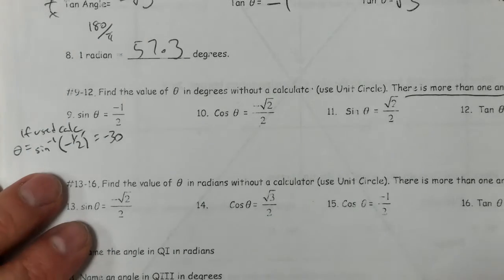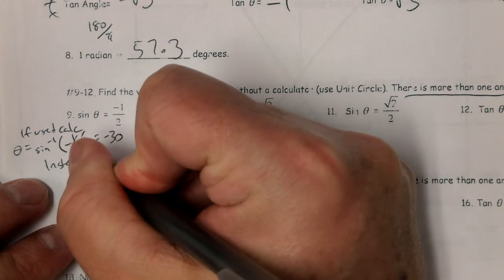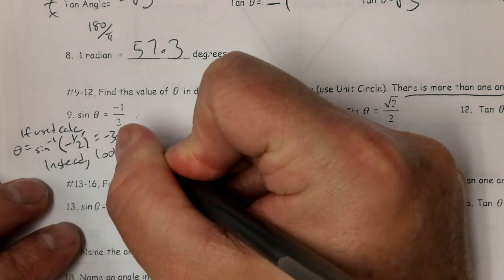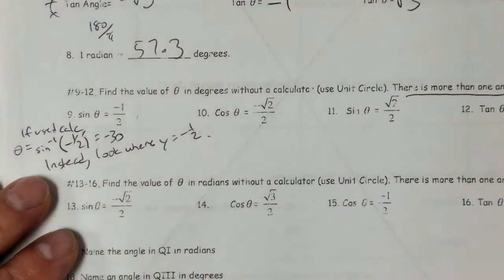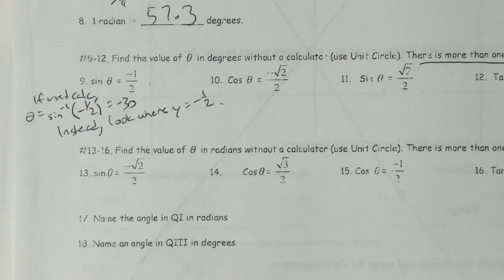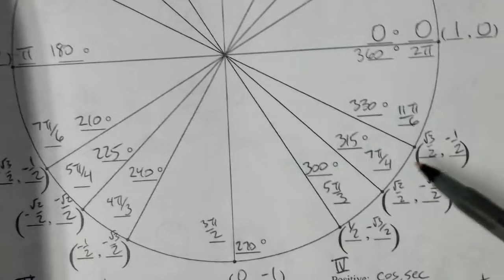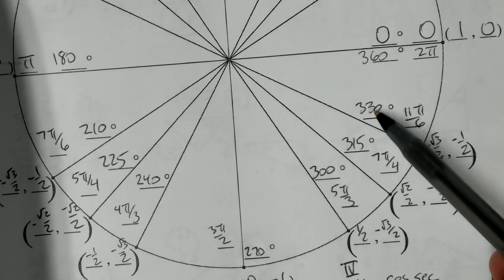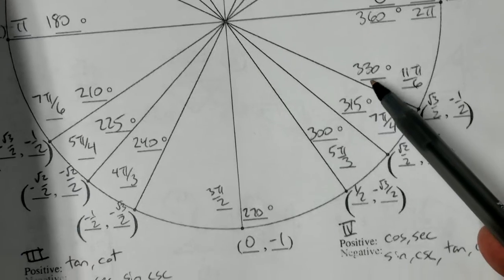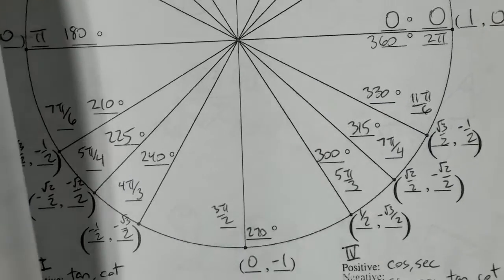So what you do instead, look where y equals negative 1/2. So we're looking for 11 pi over 6, which is 330 degrees, and 7 pi over 6, which is 210.